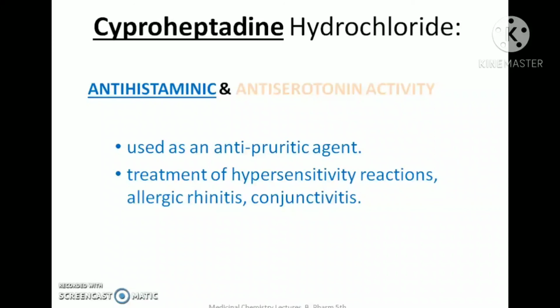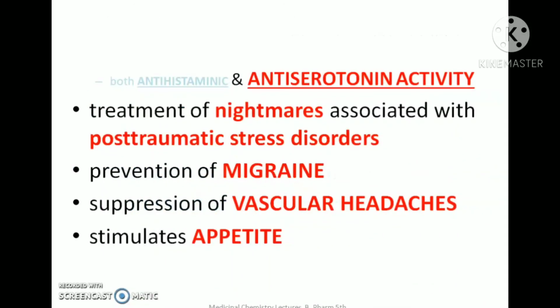Now, cyproheptadine is an antihistaminic agent, so it is used as an antipruritic, that is against itching. They are also used for the treatment of hypersensitivity reactions, allergic rhinitis, allergic conjunctivitis, etc. They are also used for the treatment of nightmares associated with post-traumatic stress disorders.